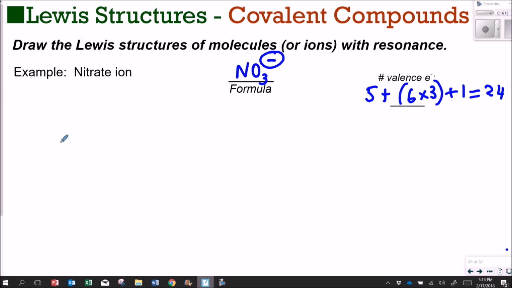Then we draw the Lewis structure as usual. Nitrogen in the center with 3 oxygen atoms around it. We make each oxygen have 8 electrons.